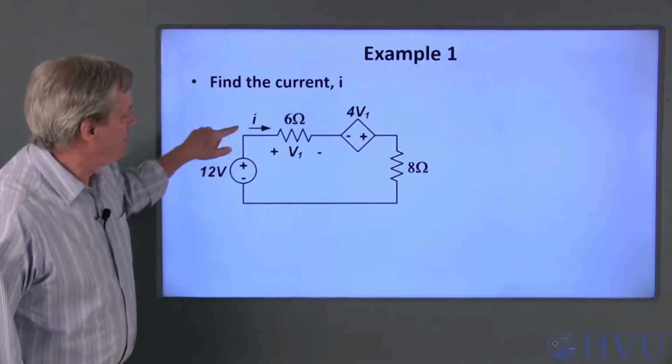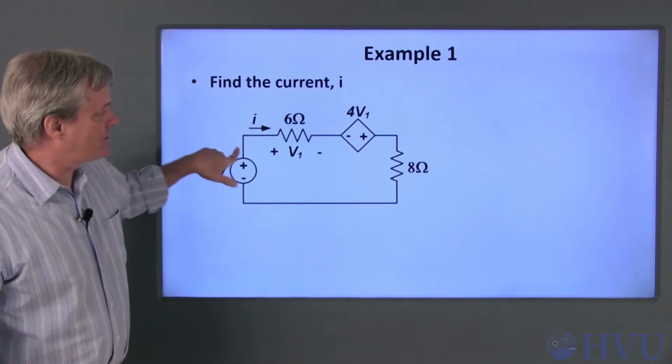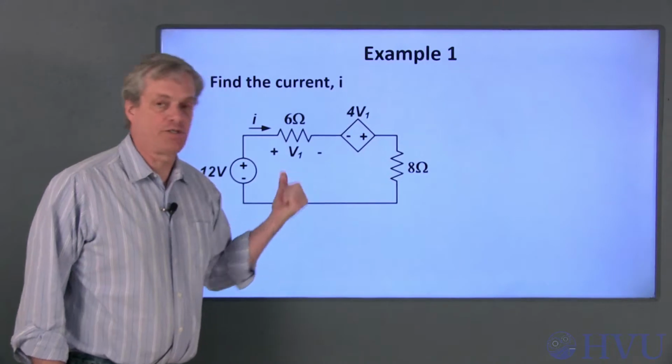In this example, I want to determine the current I in this circuit that contains a voltage-controlled voltage source.